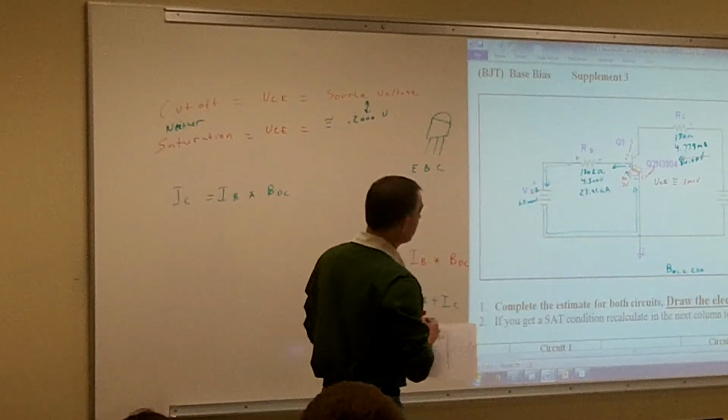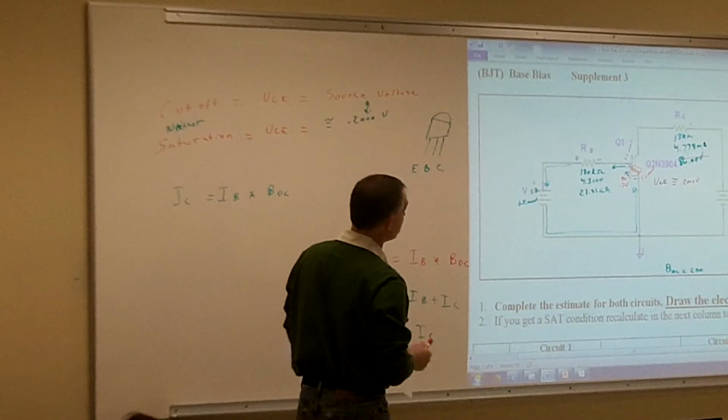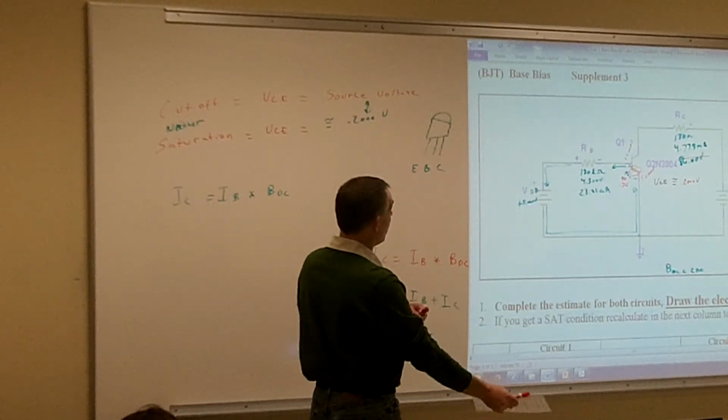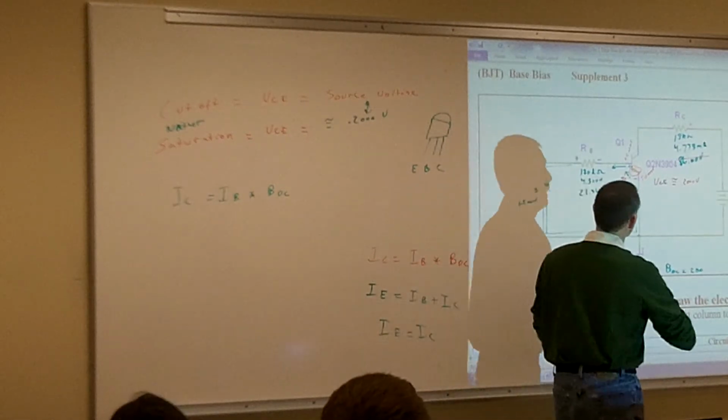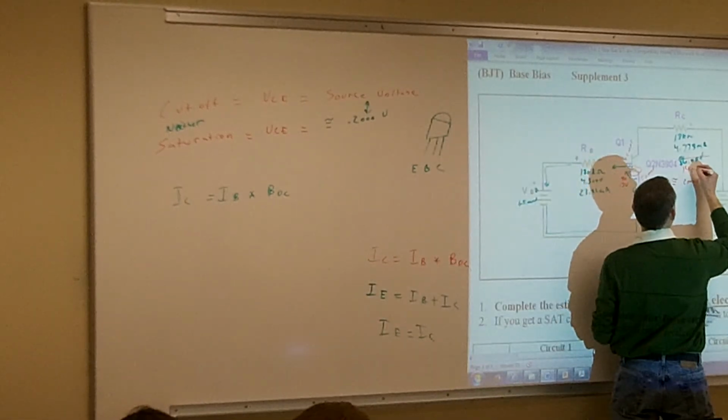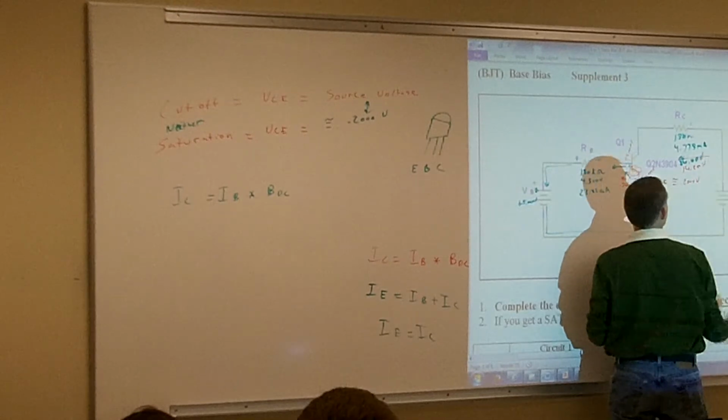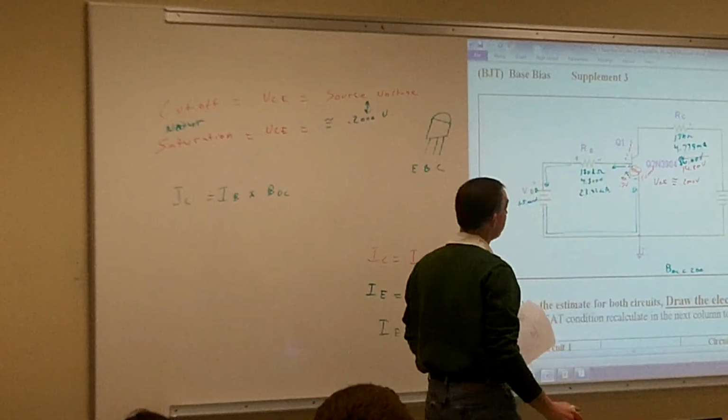So if my CE is going to take 0.2 volts, now what's going to be my actual voltage going across RC then? Yeah, 14.8 volts. This is going to be actually going across my RC.